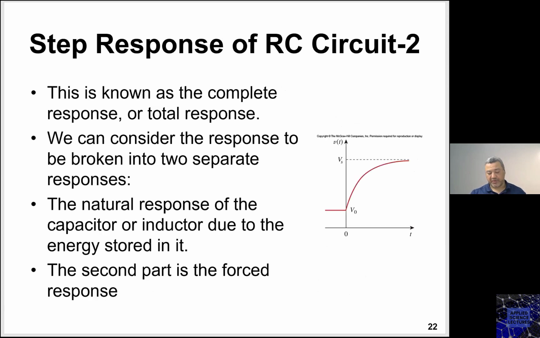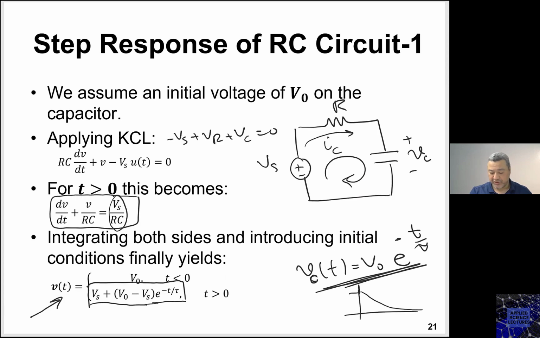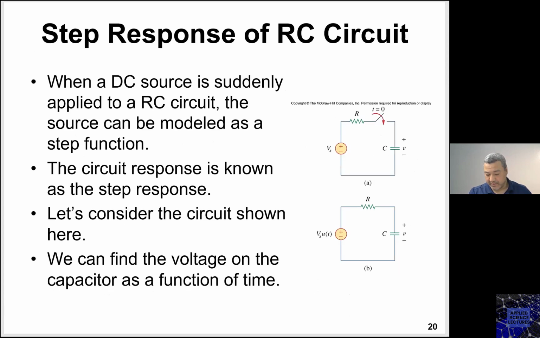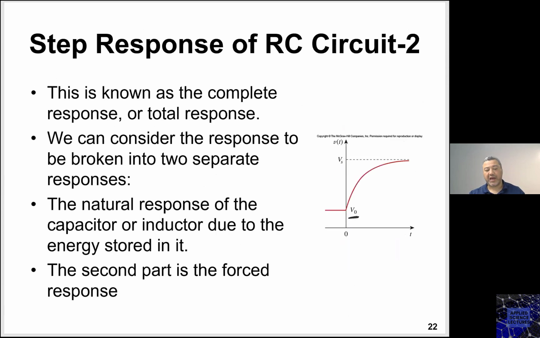Now, let's look at this response. As I said, let's assume that this capacitor had an initial voltage across it. And then all of a sudden, I connected it to a source. I switched it in here such that now this source is connected to my circuit. What's going to happen? The capacitor is now going to charge from V naught to a second voltage, the maximum voltage it is going to see when it's at steady state.